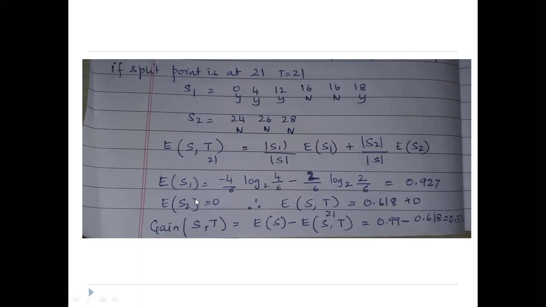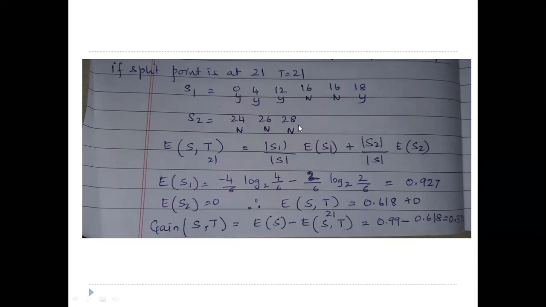Then entropy of S2 equals 0. Why? Because you're all having similar nodes. Even if you try to calculate using this formula, you'll get 0, right? So now here let us find out entropy of S of 21 will be 0.618, if I'm not wrong, plus the entropy of S2, which is 0, because all are similar ones, isn't it?